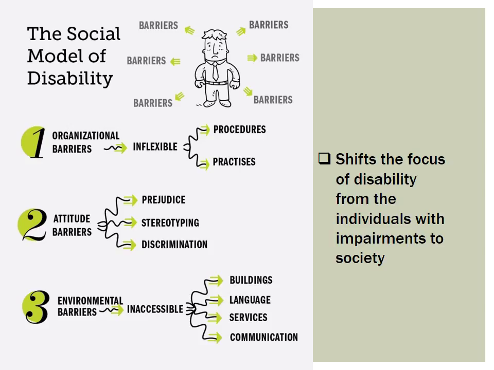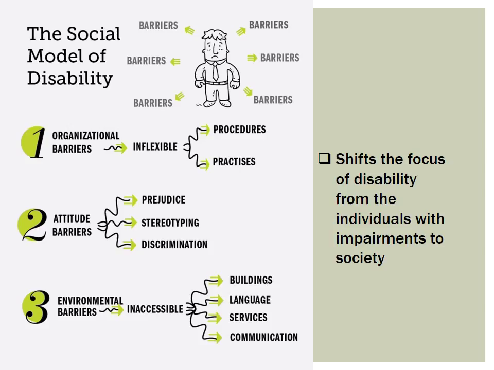The social model focuses on organizational barriers, attitude barriers, and environmental barriers, which highlight an individual's impairment and create inaccessible environments. Can anyone think of examples of how students with learning disabilities experience organizational, attitude, and environmental barriers in the classroom?